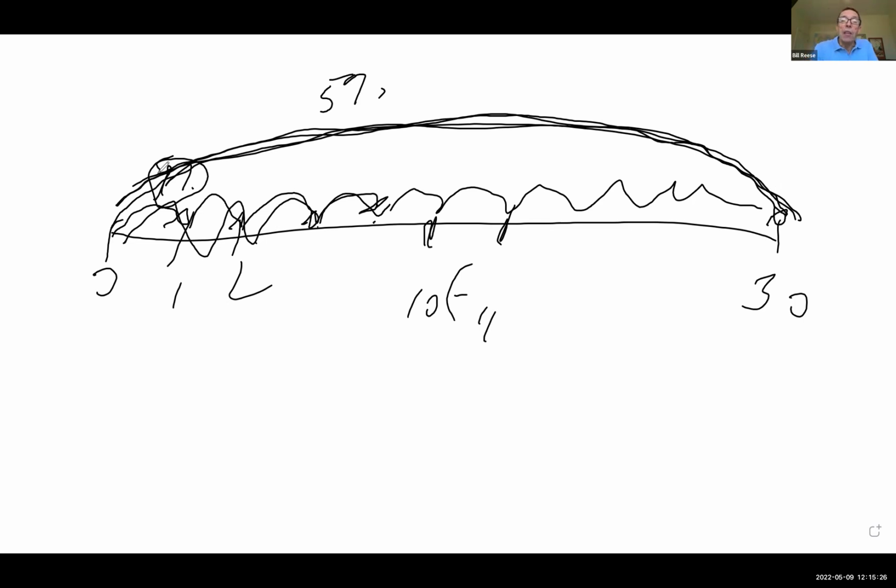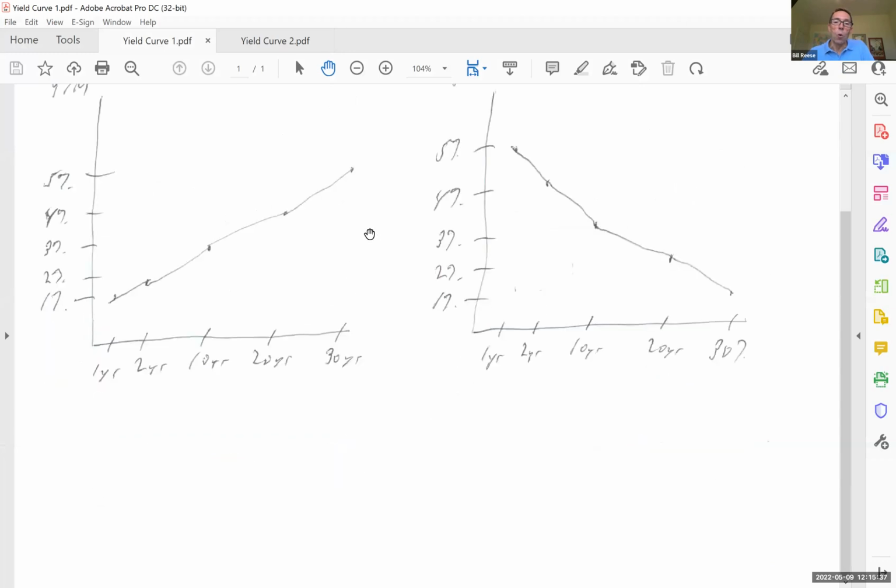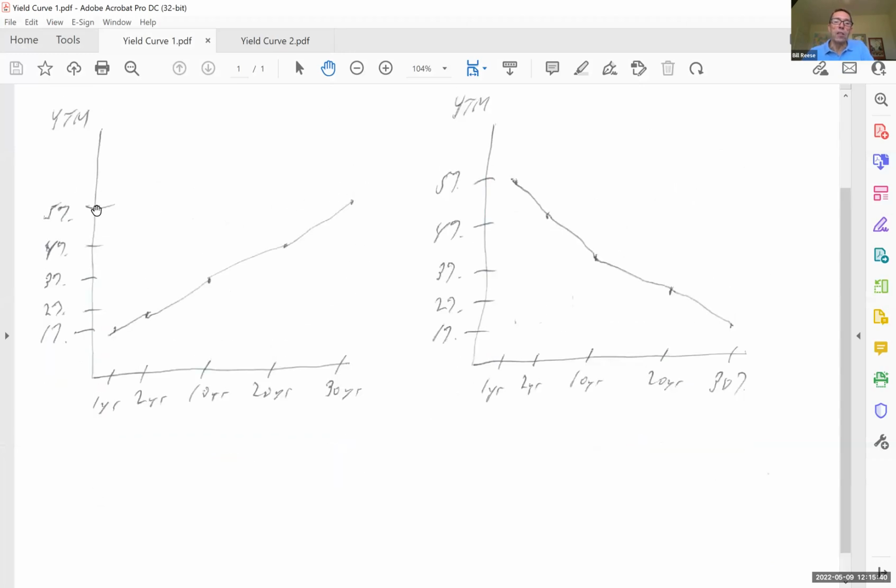Again, let's go back to our yield curve. If we have this upward sloping yield curve, where the 30-year bond is getting 5% and the 1-year bond is getting 1%, according to the unbiased expectations theory, this 5% yield is an average of what investors expect the 1-year bond to be getting each year for the next 30 years.